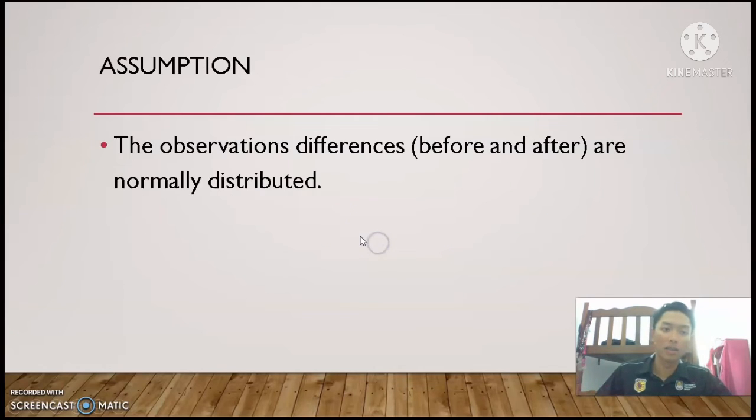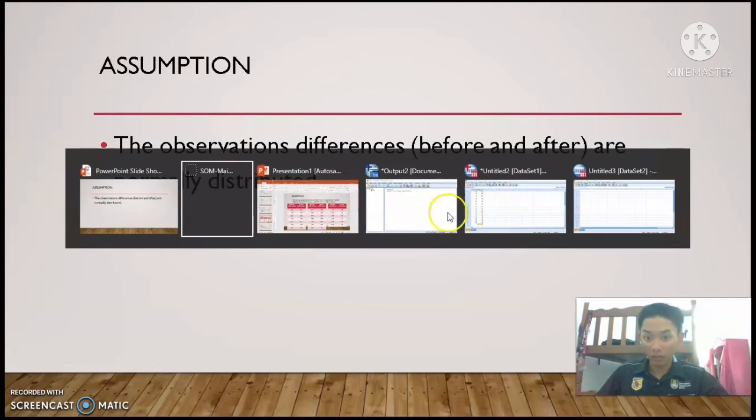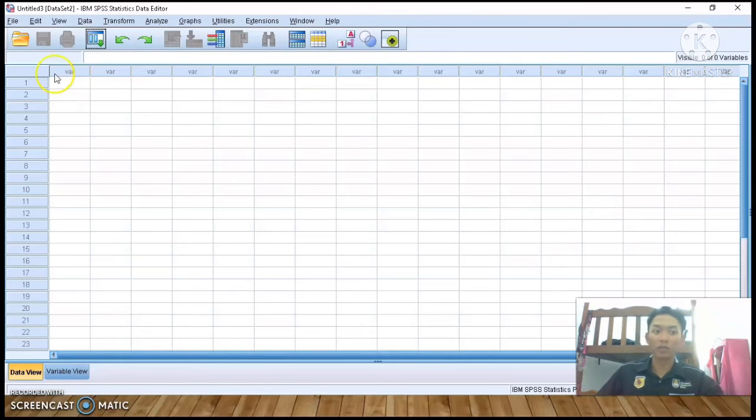So next, the assumption is the observed differences before and after are normally distributed. Okay, and then we move to SPSS.